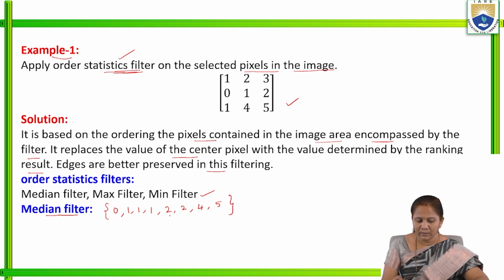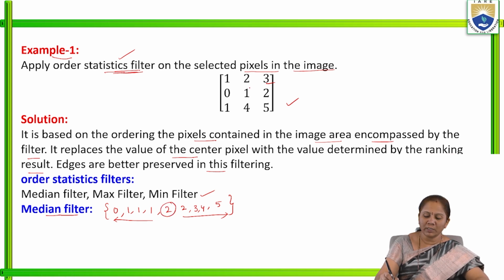So here 1 2 3 4 and here 1 2 3 4, and in the middle we have to write 3, because the 3 pixel is there. These are the 4 pixels on one side and these are the 4 pixels on the other side, and the middle pixel value is 2. In the image, the center value is 1, and that 1 is replaced with 2.